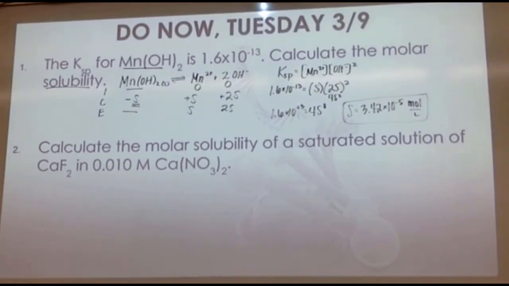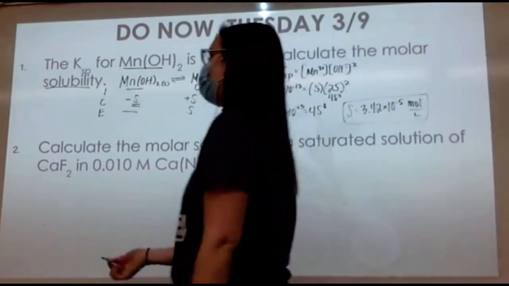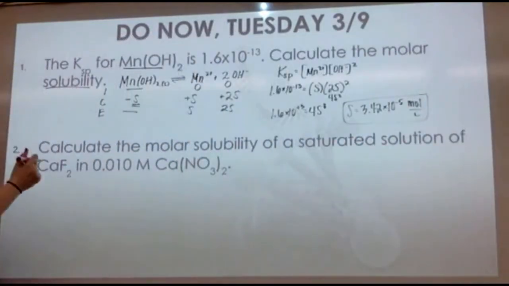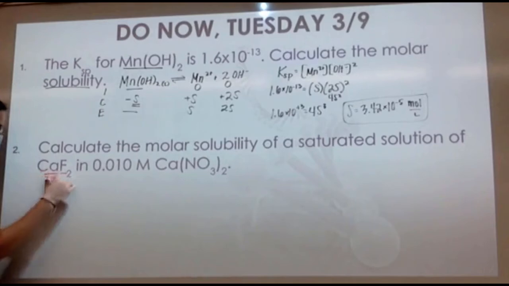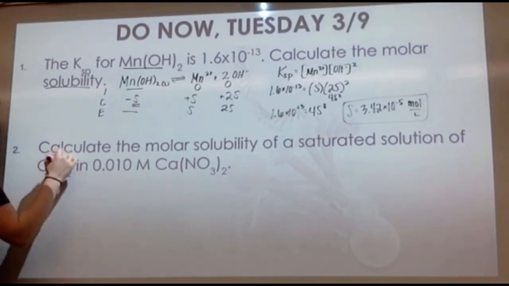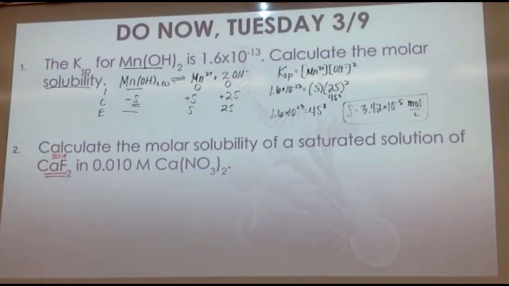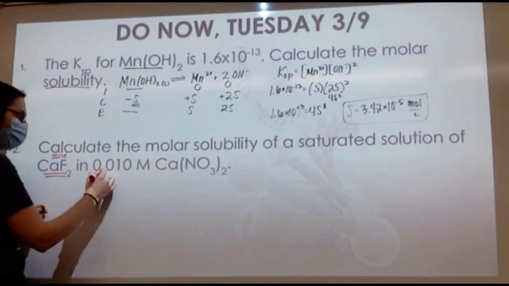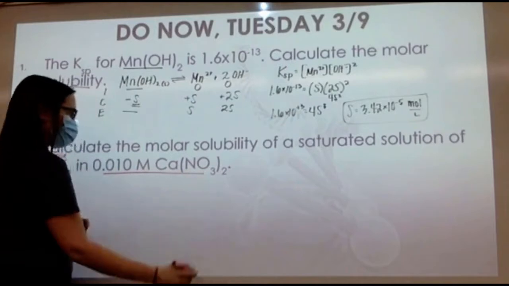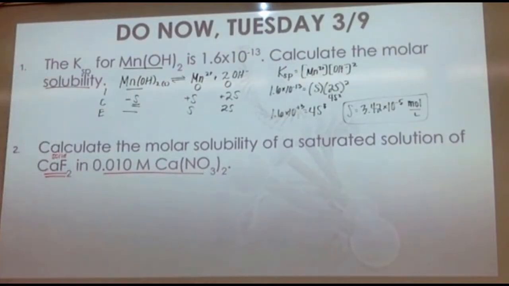Number 2 says calculate the molar solubility of a saturated solution of calcium fluoride. So I'm going to stop right there. This is the solid that I'm focusing on. Because if it's a saturated solution of calcium fluoride, that means that calcium fluoride solid is at equilibrium with its ions. But we're calculating the molar solubility in 0.01 molar calcium nitrate.